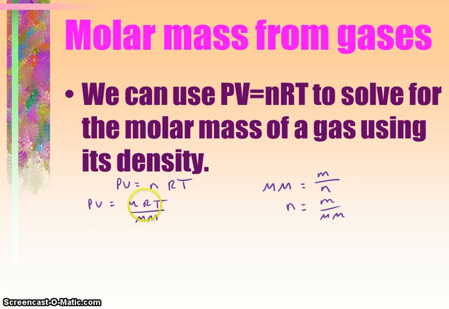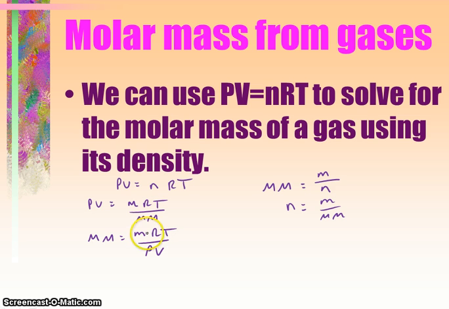We're going to multiply both sides by molar mass and divide both sides by PV. And we're going to get our molar mass equals mRT over PV. So if we know the mass of a gas and the temperature, pressure, and volume for that gas, we can calculate its molar mass in grams per mole.